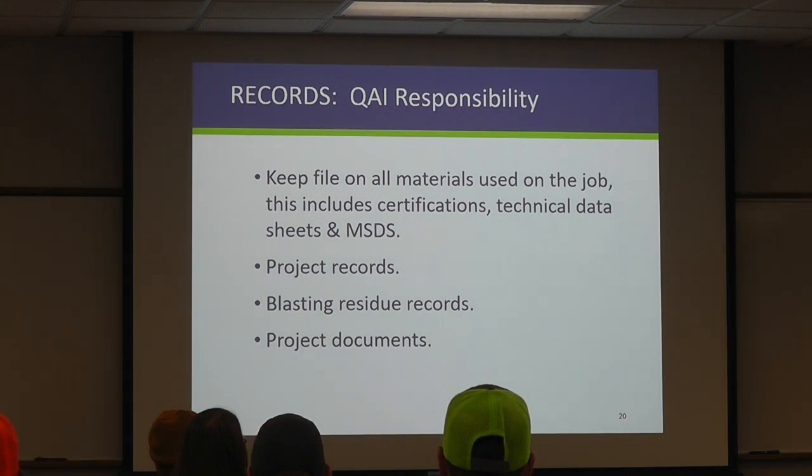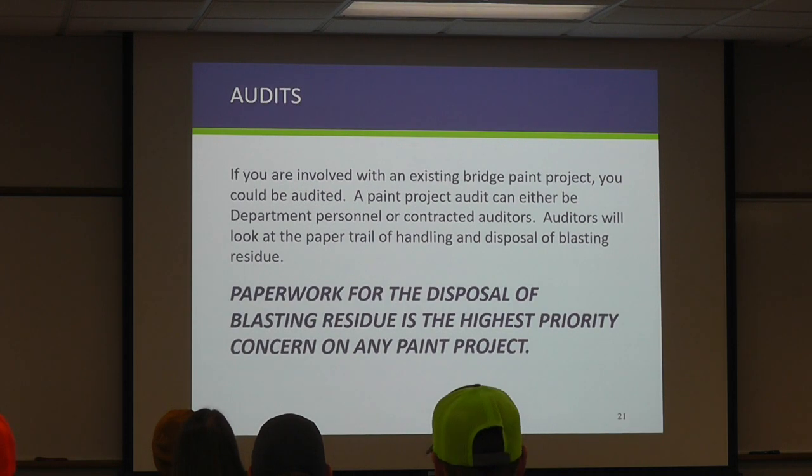And if you are audited, one of the first things they're going to ask for is, what did you do with the waste? So to reiterate, paperwork of the disposal is the highest priority of any concern on a paint project, because you can end up with hazardous waste. PCA and folks get a little edgy when it comes to hazardous waste.